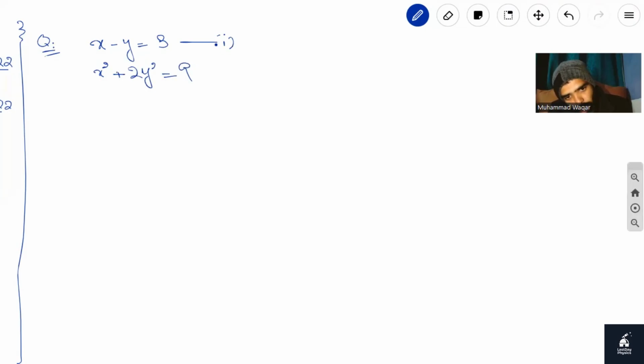This is equation 1. This is equation 2. And we have to solve it for x and y. What are those values of x and y which will be the solutions of both these equations? So we have to solve for x and y.